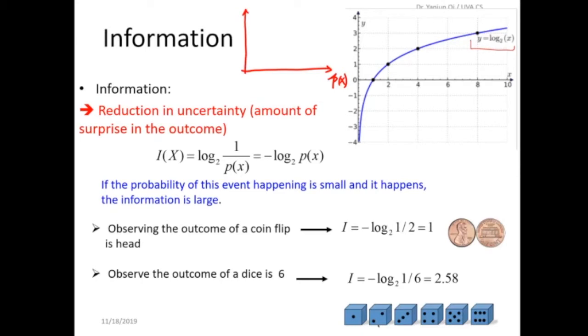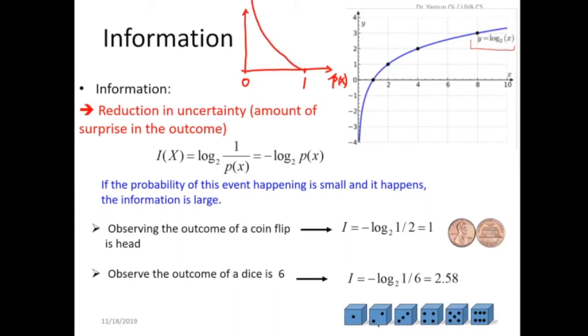In fact, because of the axiom of p(x), it's bounded by 0 and 1, right? So minus log 2 p(x) really looks just like this. It's a little bit difficult for me to draw, but roughly.